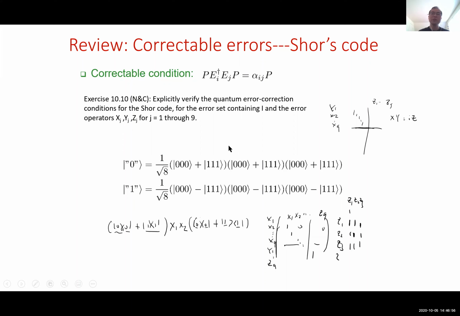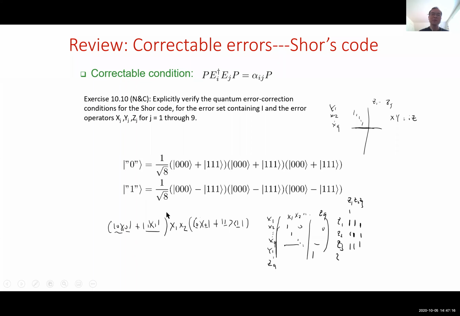And we understood this by thinking that the errors take the code space to some other space, and these other spaces corresponding to different errors are orthogonal. This can be directly checked using Shor's code.